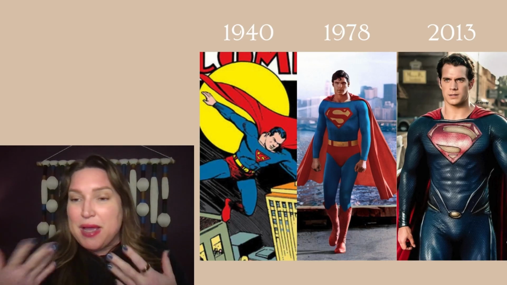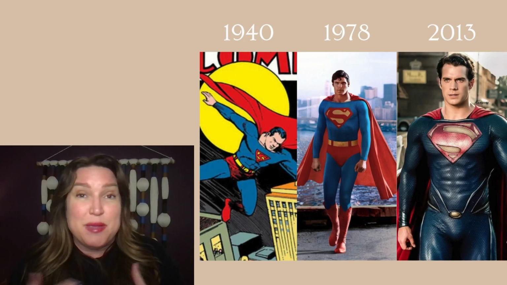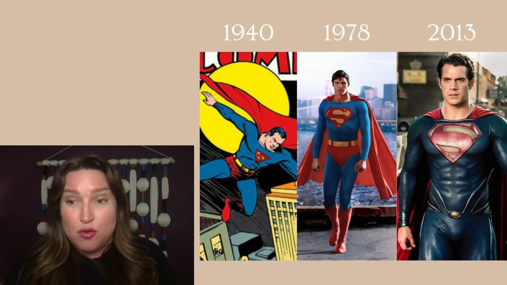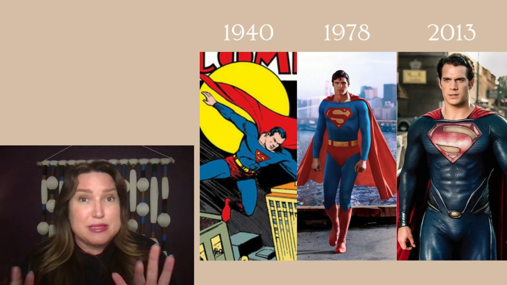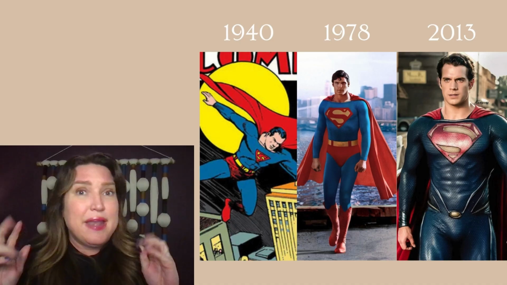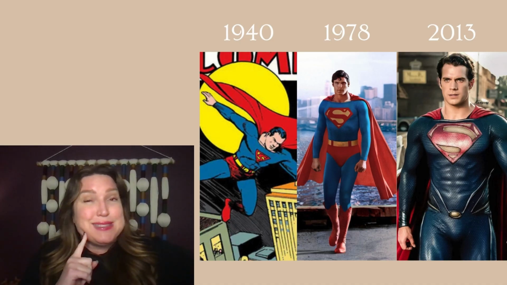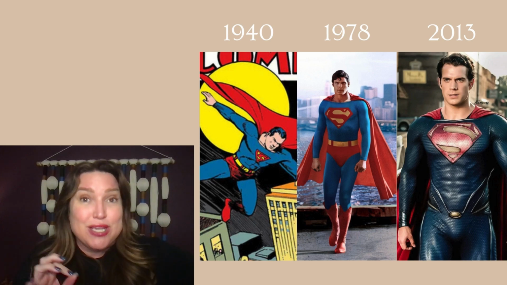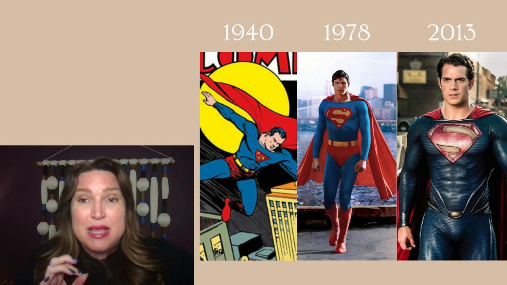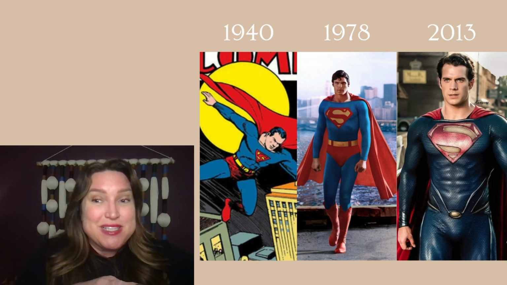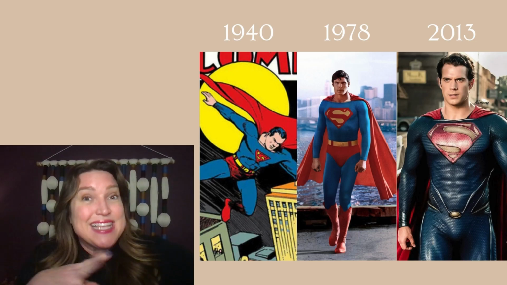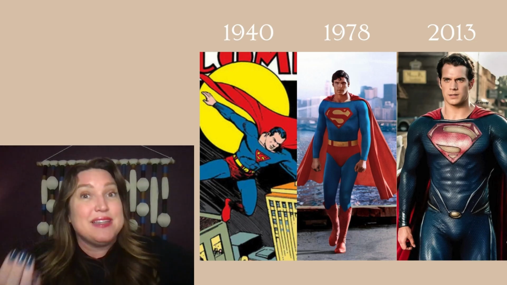You can see that by 2013, Superman has stopped wearing his underwear on the outside of his unitard because it's extremely dorky and unnecessary. He has also been slamming the protein shakes and hitting the gym. And you can actually see from the 70s to the 2000s this different body type that is expressed.